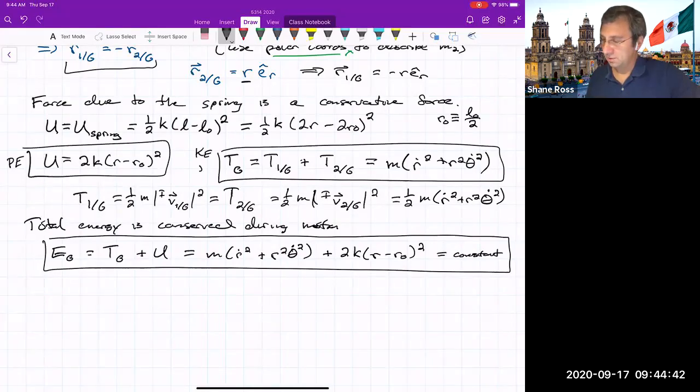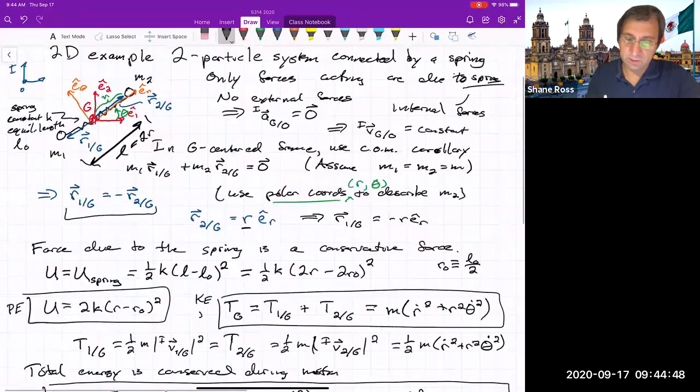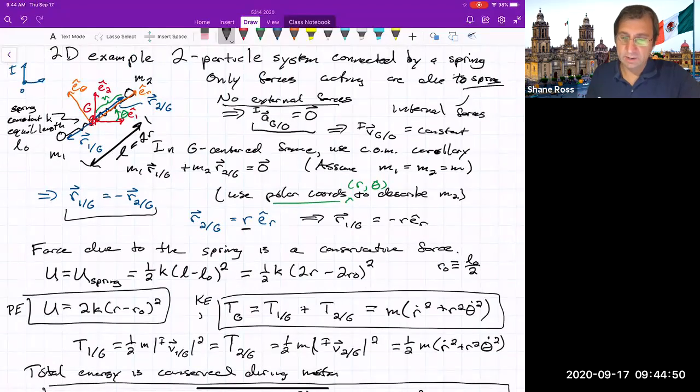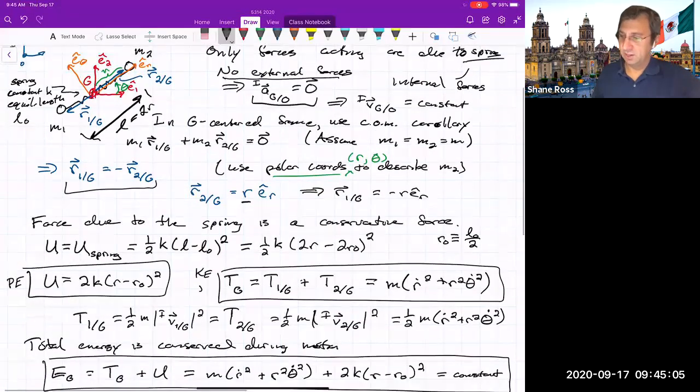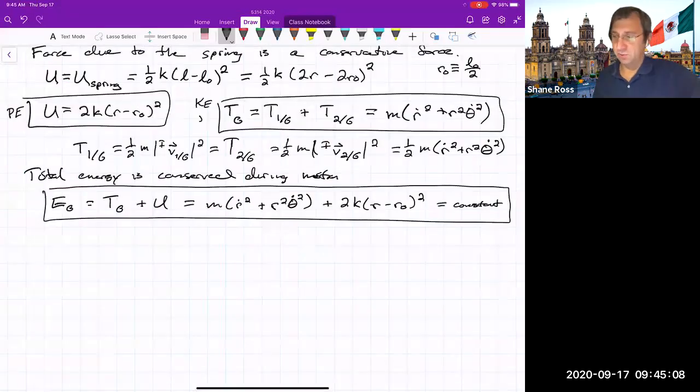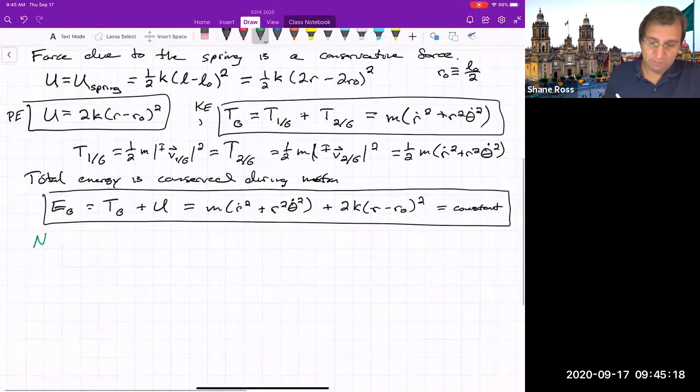But now we're going to use another fact that results from there being no external forces. There's no external forces, so not only do we have that the acceleration of the center of mass is 0, the total moment due to external forces is 0. And if you recall from our discussion of the total angular momentum, if the total moment is 0, then that means total angular momentum is a constant of motion. So let me just write that again.